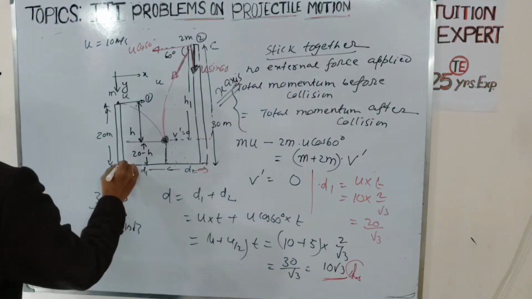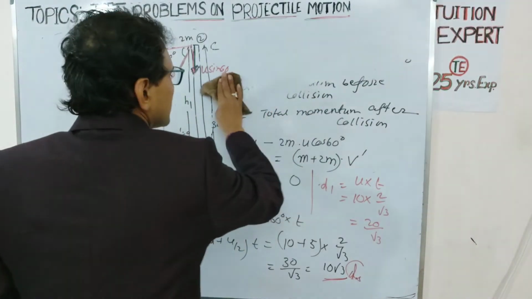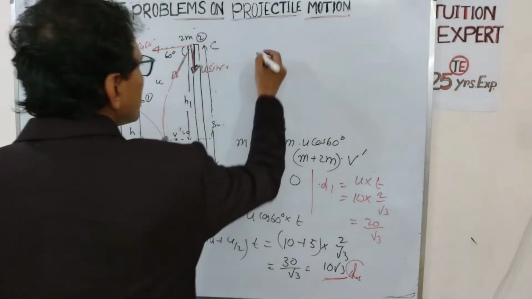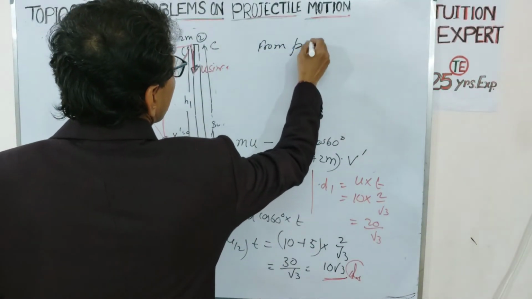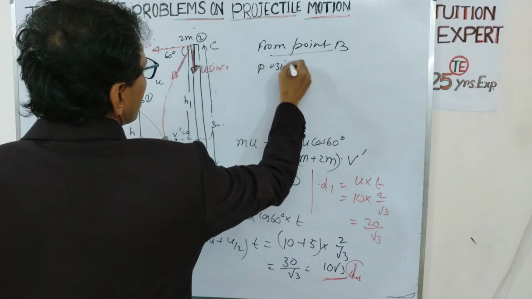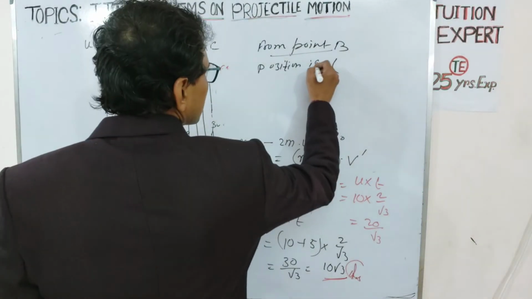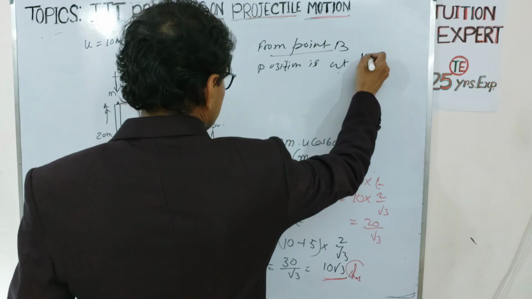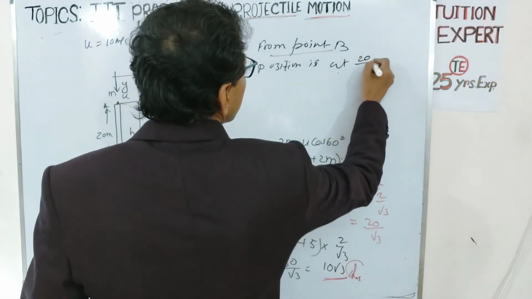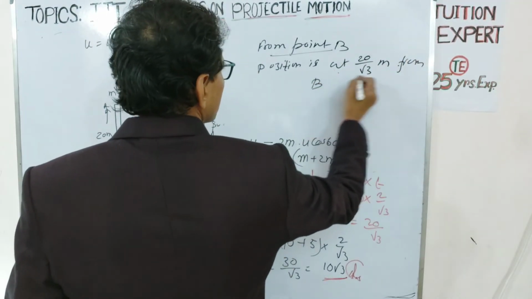So from point B, the position is just d1, which means 20 by root 3 meters from B. So this is the other answer.